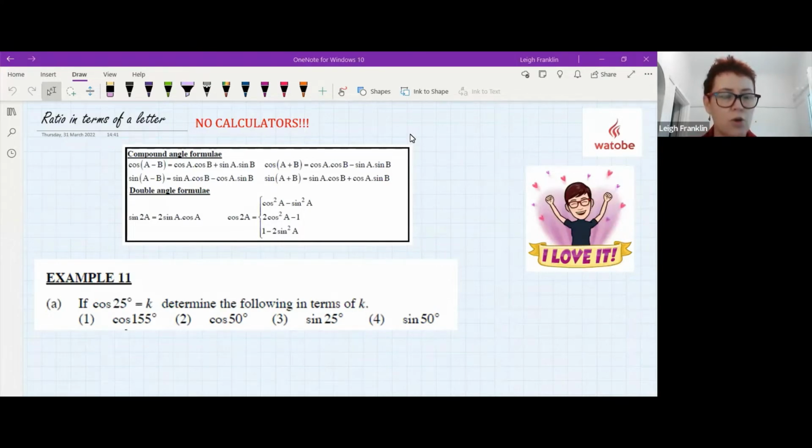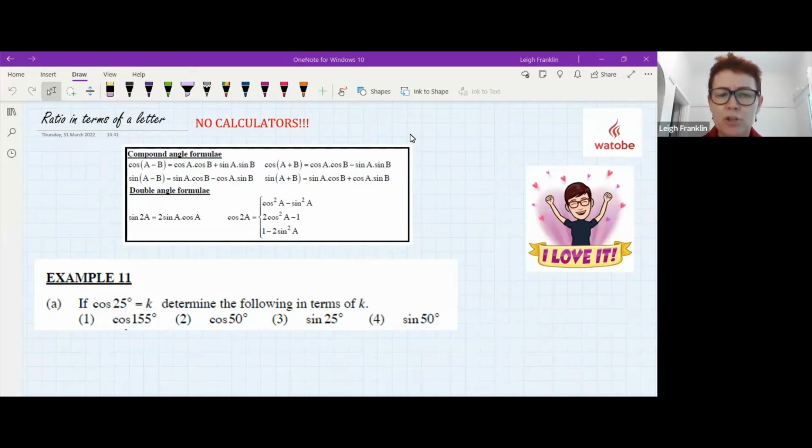All right, so ratio in terms of a letter is a concept that is closely linked to what we were talking about on Thursday, to Pythagoras. The difference is, though, first of all, you're working with a ratio in terms of a letter rather than a particular angle on the Cartesian plane.